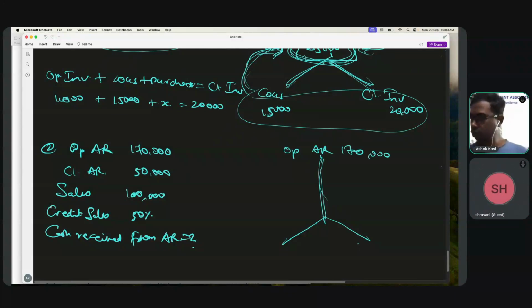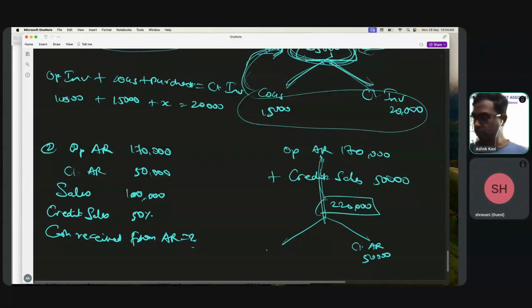Then closing account receivable 50,000. So here plus credit sales. Credit sales will be 50,000. So 2,20,000 minus 50,000 will be 1,70,000 cash received.